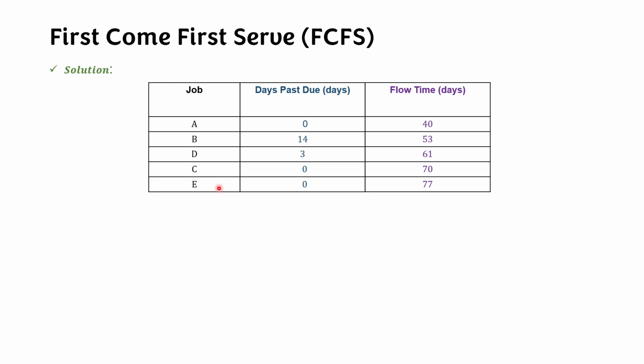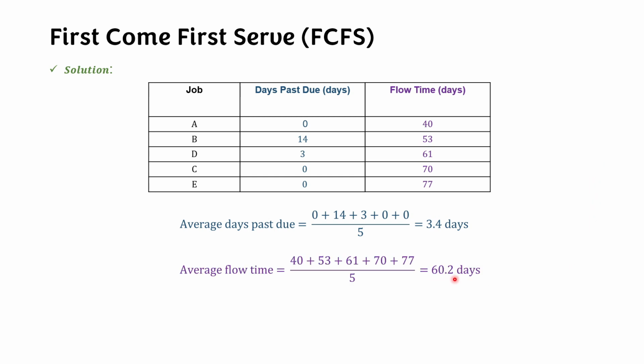We will take the average of days past due by using the data in the days past due column, and the average days past due value is 3.4 days. Similarly, the average flow time using the values in the flow time column is 60.2 days. And this is how we calculate average days past due and flow time for job sequencing using the first come, first serve rule.